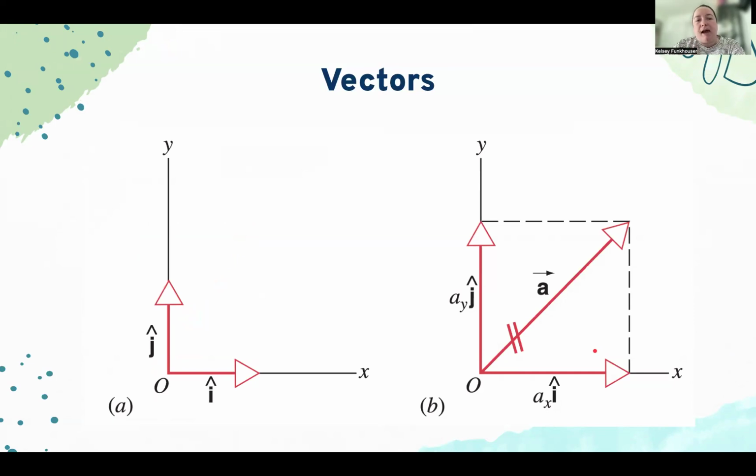So they don't alter the magnitude of the value. They just tell you if they're in the x or y direction, and eventually also the z direction, but not yet. So when we multiply the magnitude of the y component by j hat, it's just saying that that is the direction. And same with the x component.